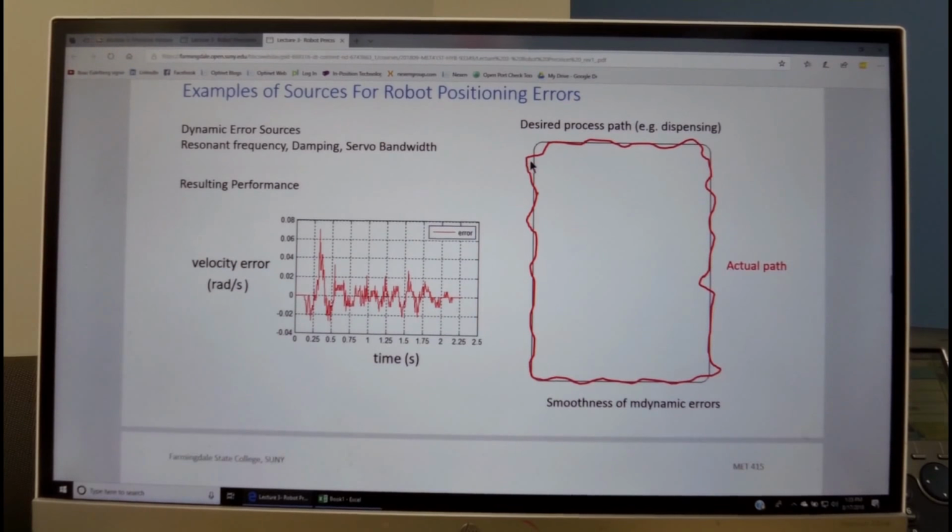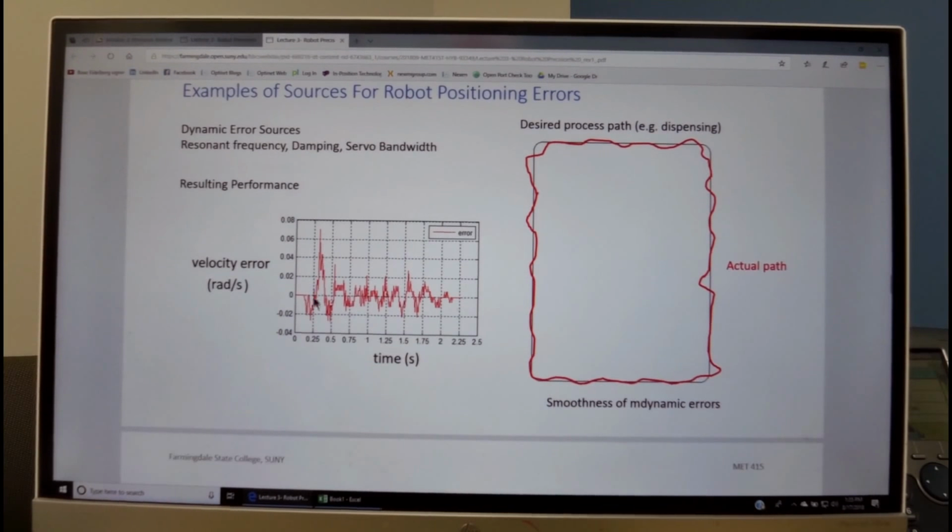There's an error over here which is caused dynamically. And if you look at the detailed velocity error, this is a velocity axis, this is time, then we see that while we want to have a constant velocity with zero error, which will result in a very straight line, we have here various frequencies.